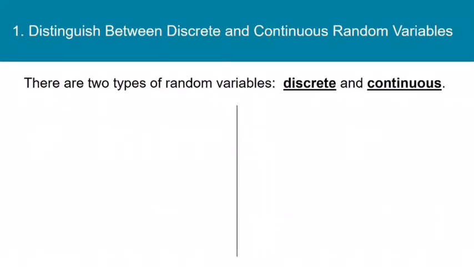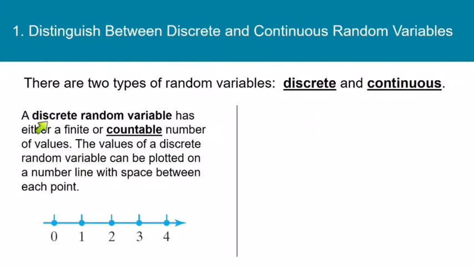Now there are 2 types of random variables: discrete random variables and continuous random variables. We're going to be working with discrete random variables in this section, but in later chapters we'll talk about continuous random variables. First of all, a discrete random variable has either a finite or countable number of values. The values of a discrete random variable can be plotted on a number line with space between each point.